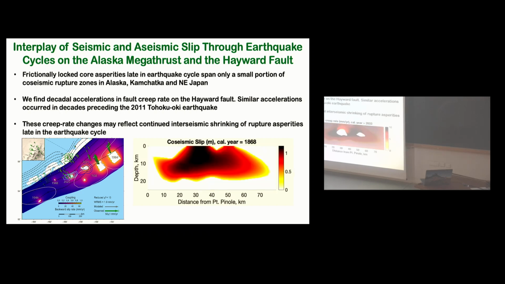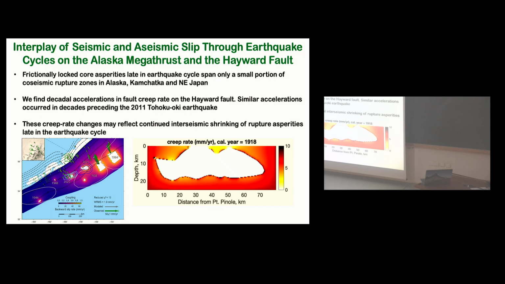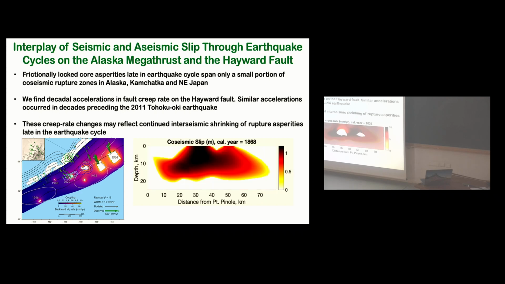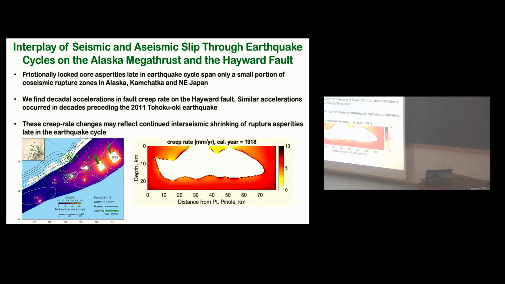On the Hayward fault, and even more convincingly maybe prior to the Tohoku earthquake, there are these decadal accelerations in apparent fault creep, so you need tens of years of data, that would be consistent with the idea that during those decades, asperities started getting smaller and smaller, allowing the surrounding fault to slip faster and faster.